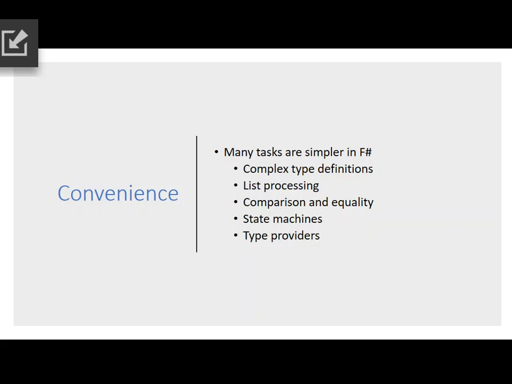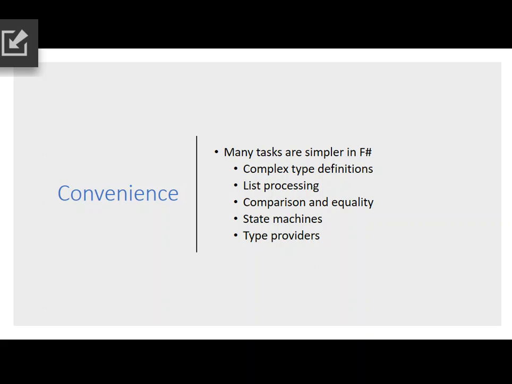So, convenient. Many of the tasks in F sharp are definitely simpler to implement, like dependency injection or mocking. Complex type definitions are simple. A lot of times you have something that could be this or that, and with union types it's much easier, which C sharp has in C sharp 7, I believe.